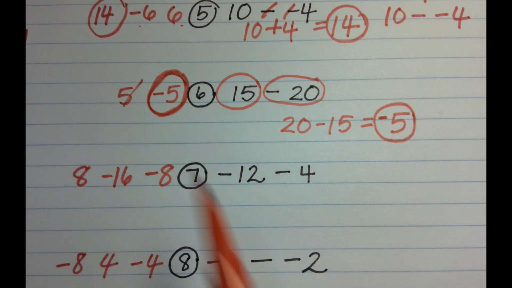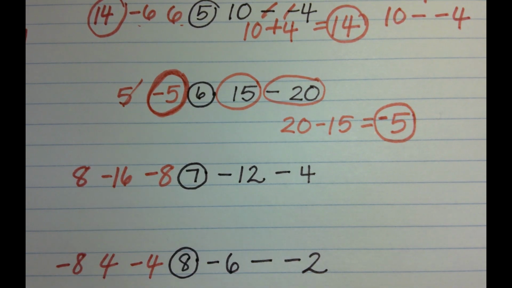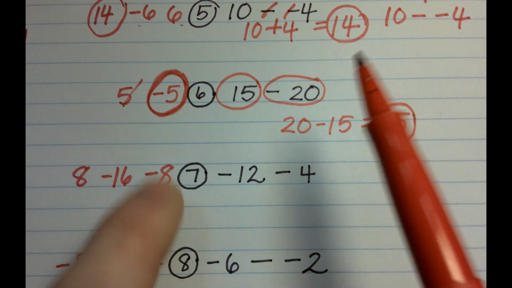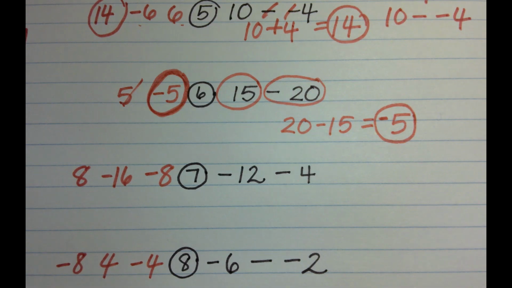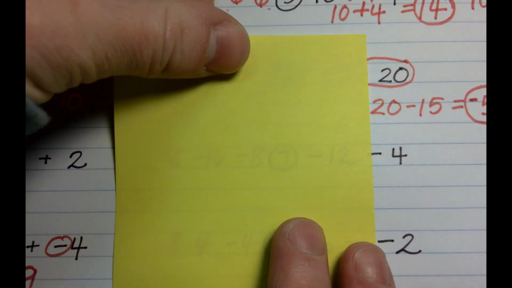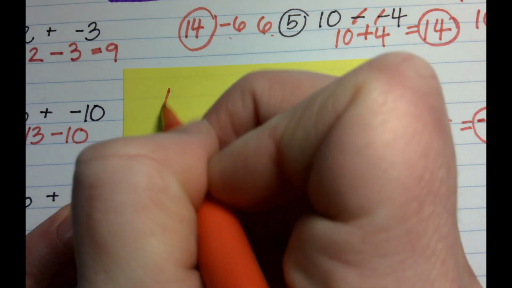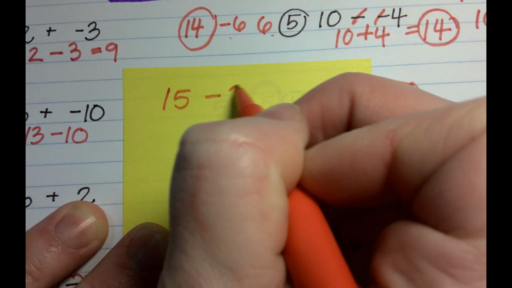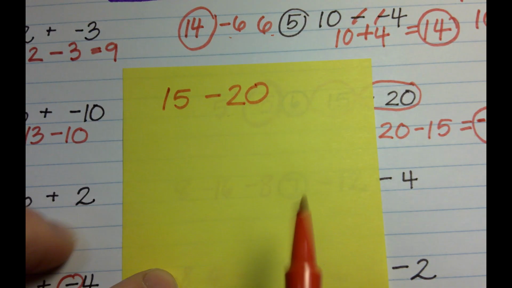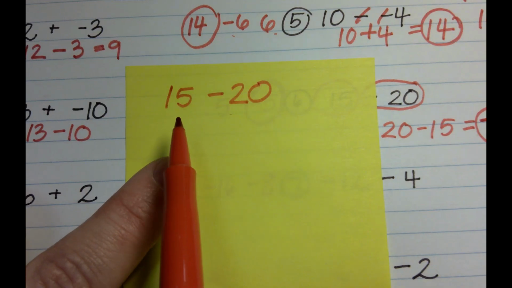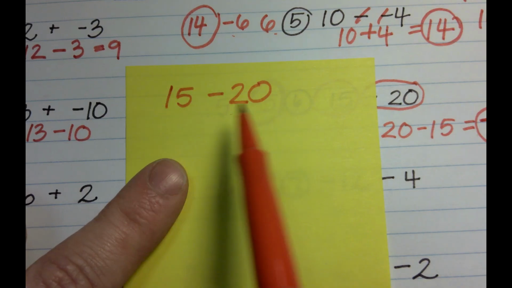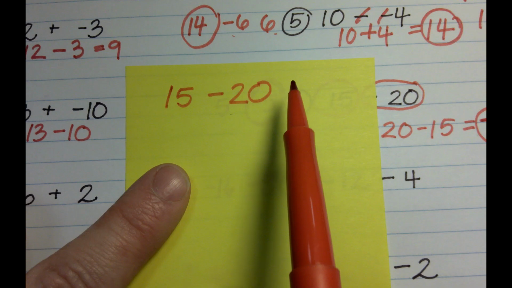I got no 6, right? Could you just repeat that again? Yes. So we did, my work's getting a little too mushed together. 15 minus 20. Okay, so we have positive 15, negative 20.